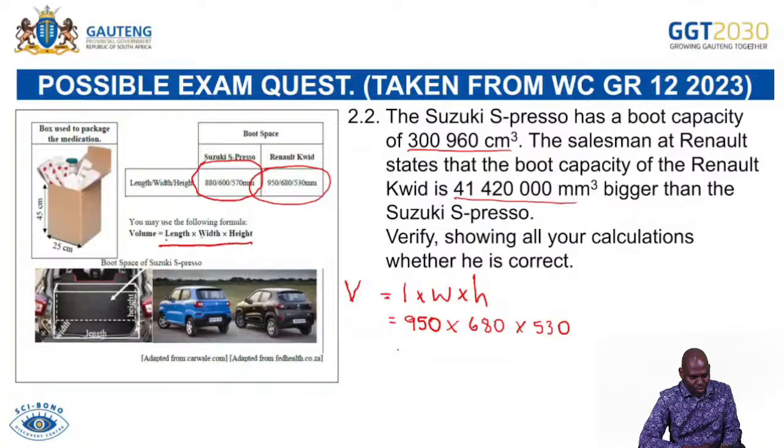Now if we calculate the capacity, take your calculator: 950 multiplied by 680 multiplied by 530.